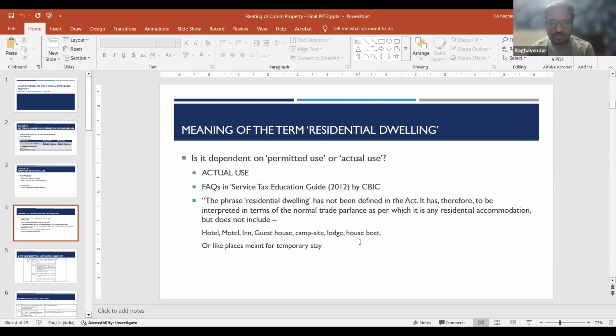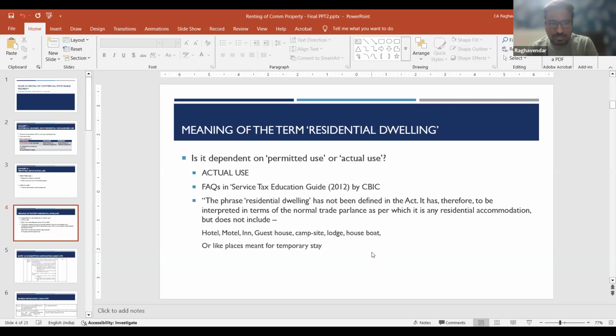The education guide under the service tax regime says the phrase residential dwelling has not been defined in the Act. It has therefore to be interpreted in terms of normal trade parlance, as per which it is any residential accommodation, but does not include some exclusions: hotel, motel, guest inn, etc. Even here, it does not give a very clear picture. It says as per normal trade parlance.